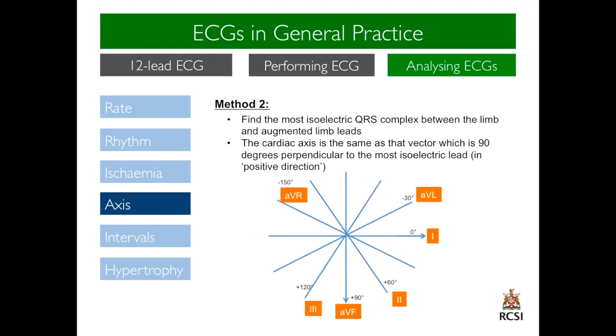Taking this example, AVL is the most isoelectric lead. The lead which is 90 degrees perpendicular to this is lead 2, and it is in the direction of the positive lead 2 if the R wave is greater than S for lead 2. Thus, the cardiac axis is plus 60 degrees.